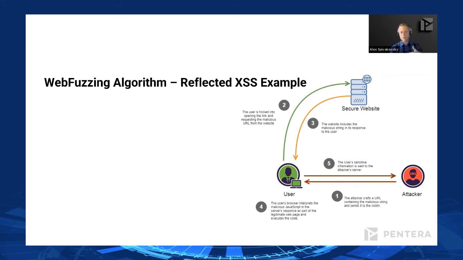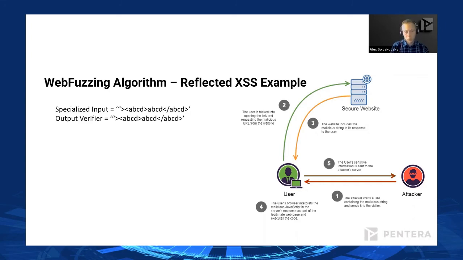So with reflected XSS, an attacker will usually send a phishing email with a link to the user. The user will request that link from the website. And because the link is poisoned with a reflected XSS cross-site script, the returned answer will execute code on the user's browser and allow the attacker to steal data from the user.